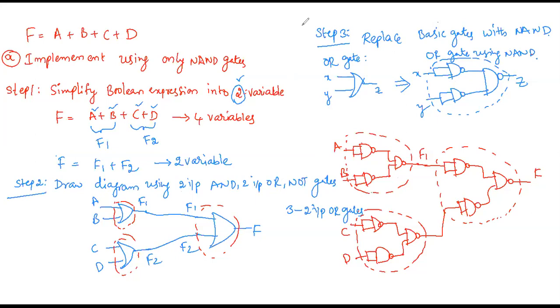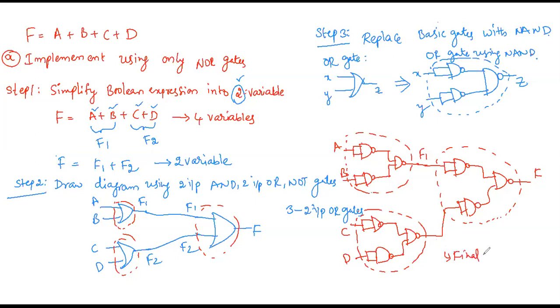Similarly, you try to implement using NOR gate and tell me how many NOR gates will be present in the final structure. This is the final structure.